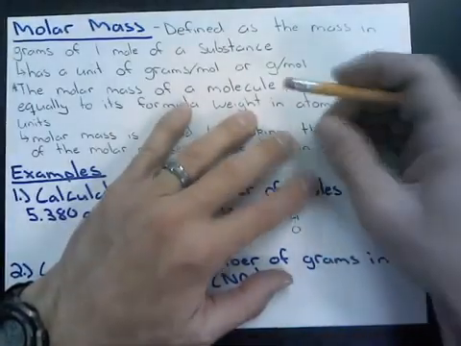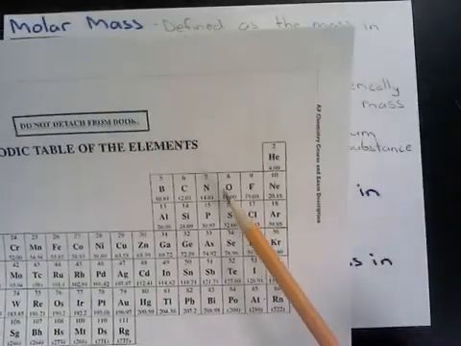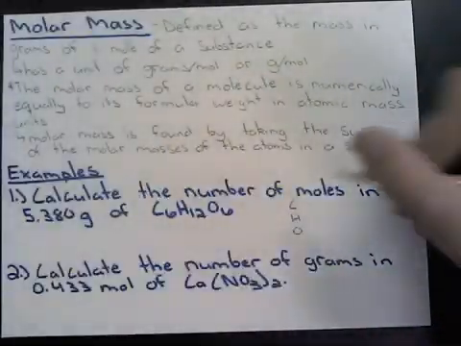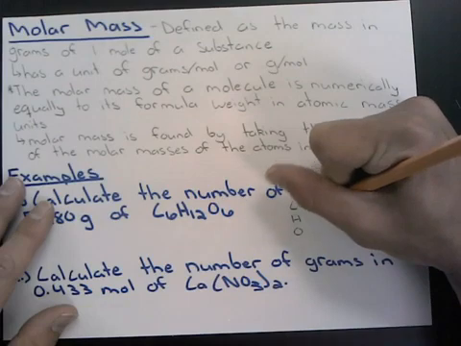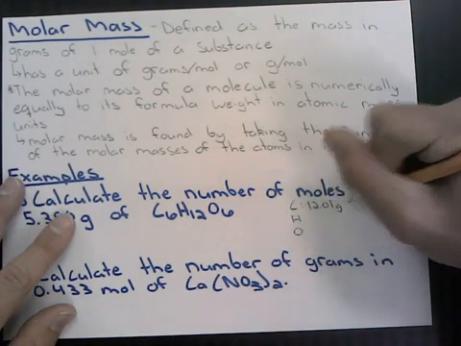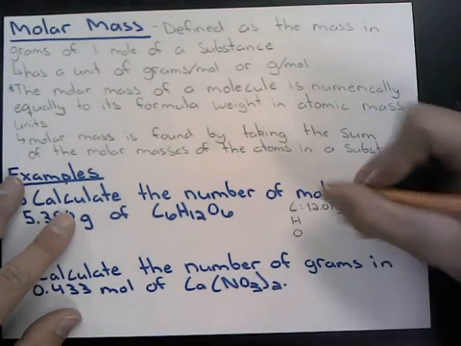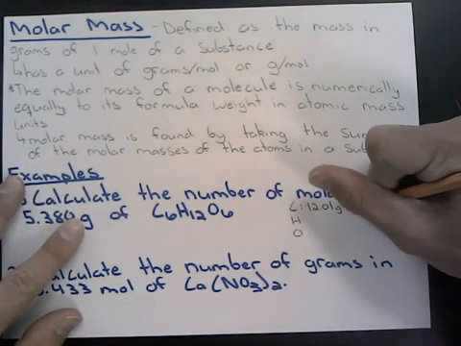And remember, we just look up the mass that's listed on the periodic table. So for carbon, we have 12.01, and this would be grams times the number of moles, which is equivalent in this case to 6, or the number of atoms in that mole. So it'd be times 6 moles.